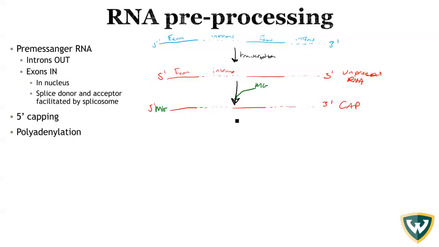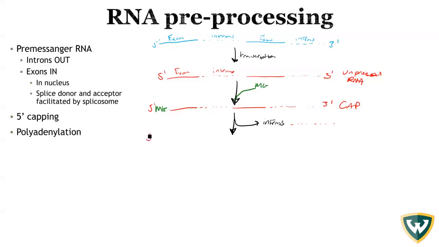And the next step here is where the introns come out. So now the introns are taken out and the exons are spliced in. And the way I always remember it, it's the opposite of what you would think. The introns are out, the exons are in.